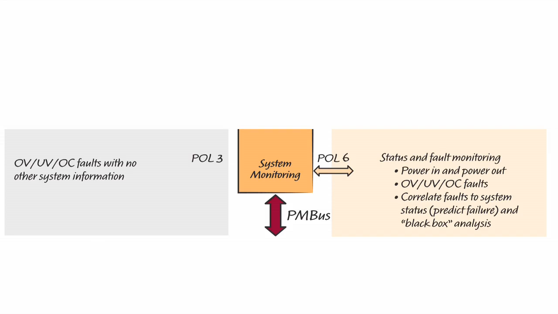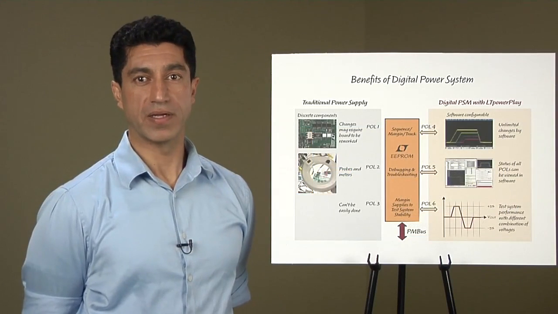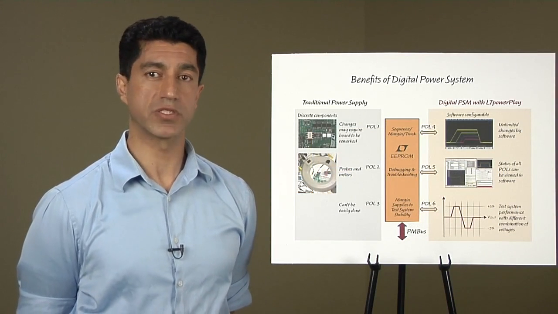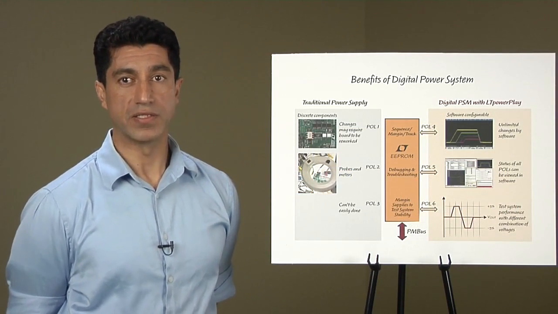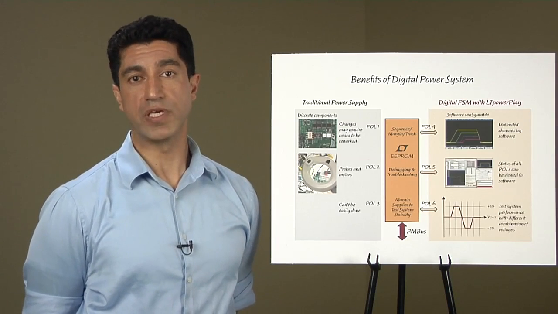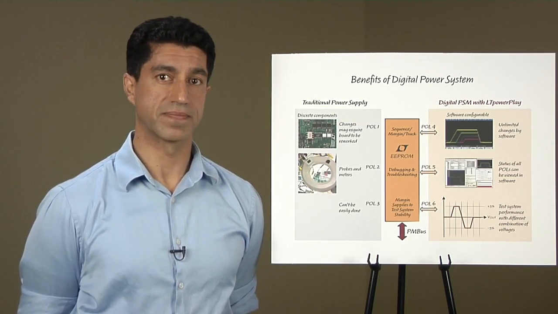Fault conditions for one POL can be easily combined with other POLs to create a customized response to a variety of fault conditions. With a digitally managed supply, detected faults are correlated with high accuracy measurements of voltage, current, and temperature. Internal non-volatile memory can store the information useful for debugging and root cause analysis.